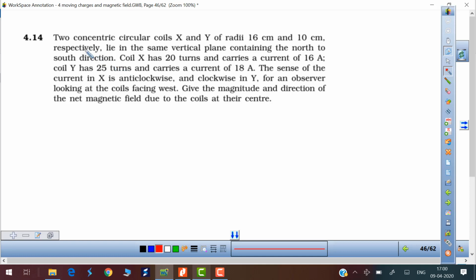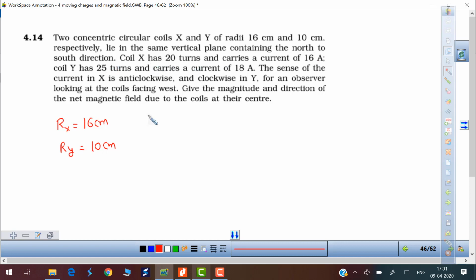So in this exercise, we have two concentric circular coils X and Y of radii 16 centimeter and 10 centimeter. So I write R_X is equal to 16 centimeter and R_Y is equal to 10 centimeter. They lie in the same vertical plane containing the north to south direction.